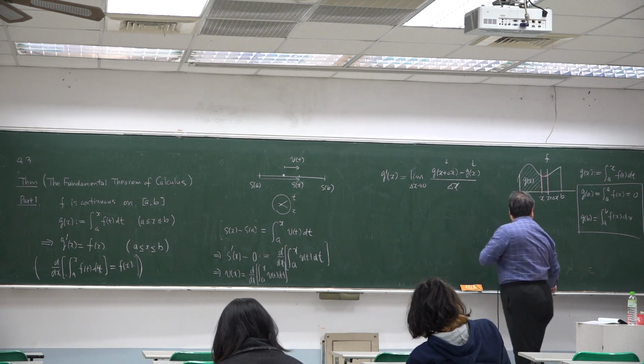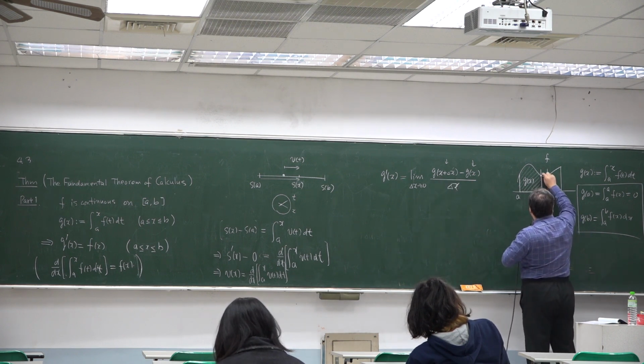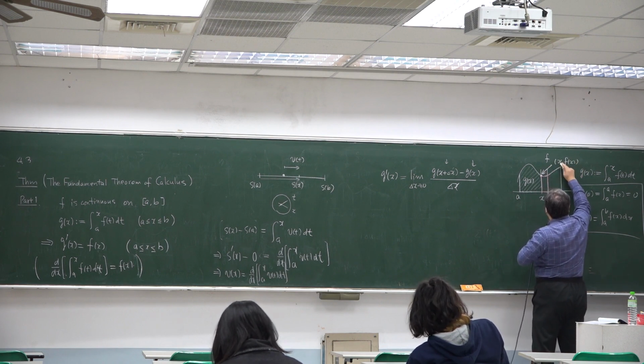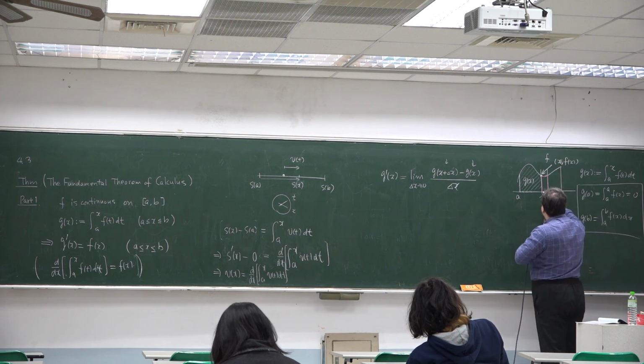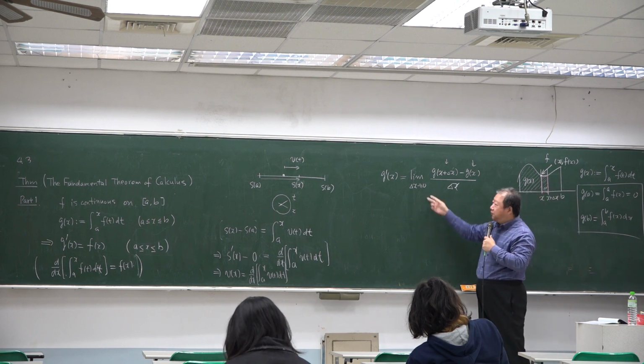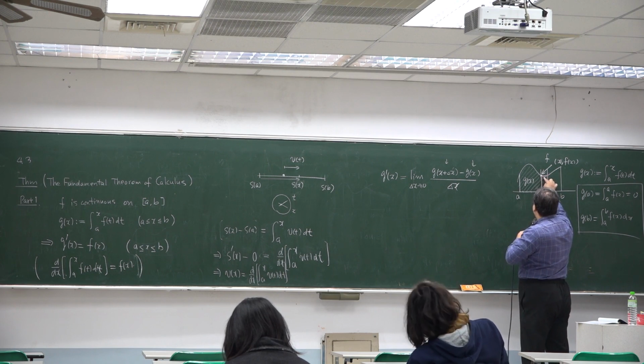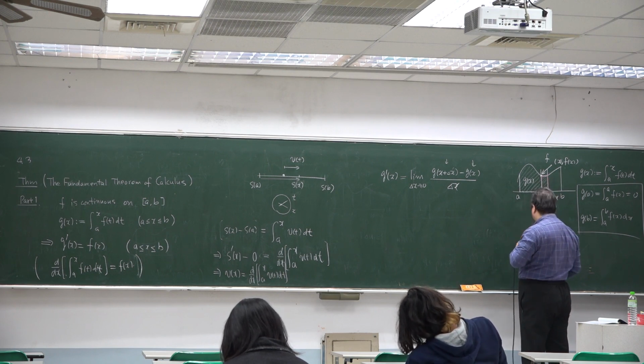This area is almost delta x times this height, the value of f at x. These two areas may have some error, but if delta x goes to 0, the lowest part and the highest part become the same number.